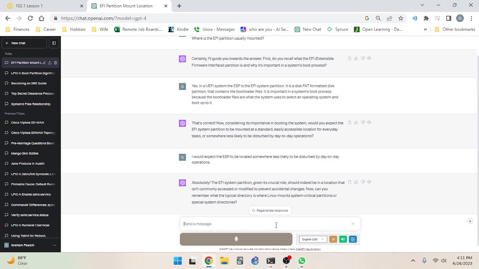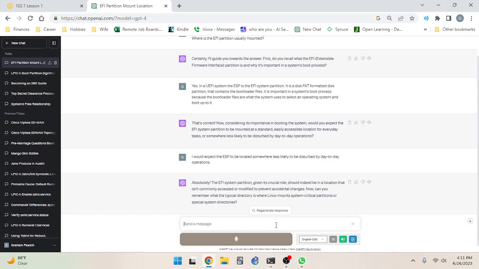Now, can you remember what the typical directory is where Linux mounts system critical partitions or special system directories? Isn't it in, I can't remember. I don't think it's in /boot. System critical partitions.